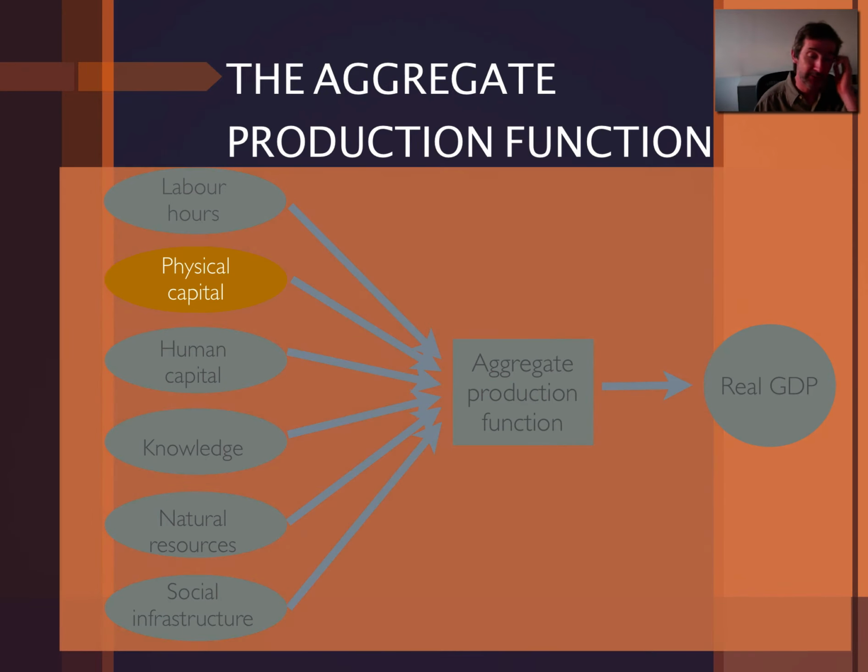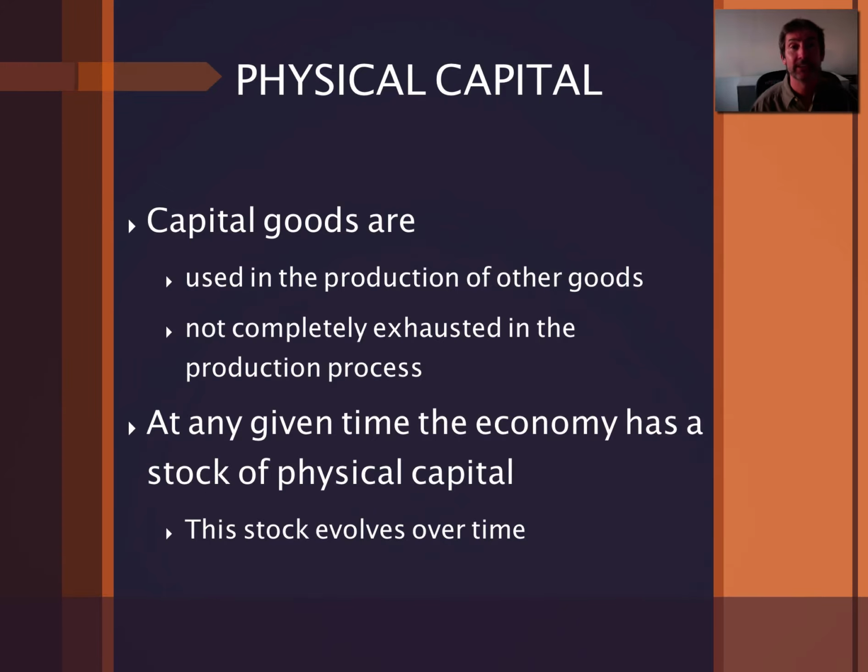What about physical capital? By physical capital, we mean machinery, buildings, vehicles that firms own, and the like. Now, the definition of a capital good is that it's a good that's used in the production of other goods, but it is not completely exhausted in the production process. And that's what differentiates a capital good from an intermediate input.